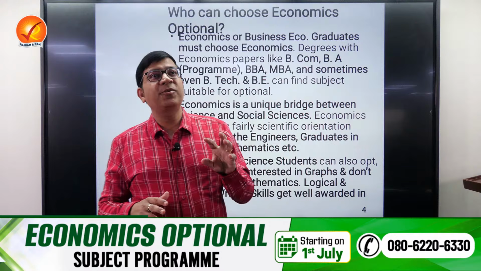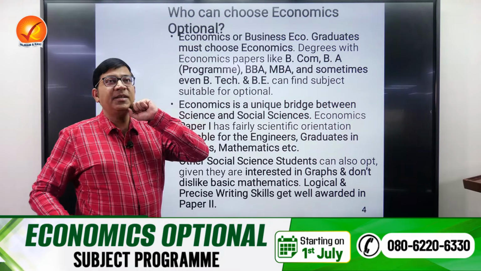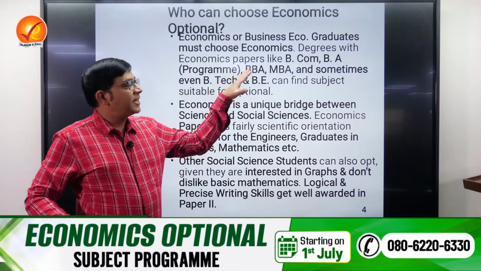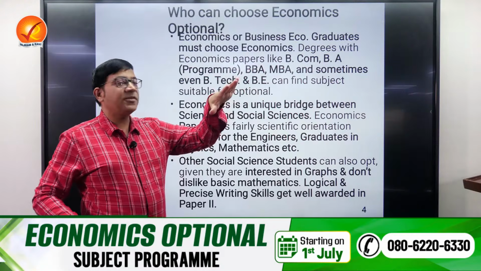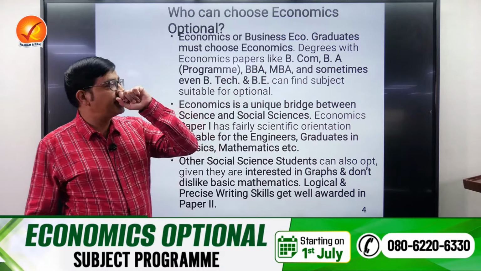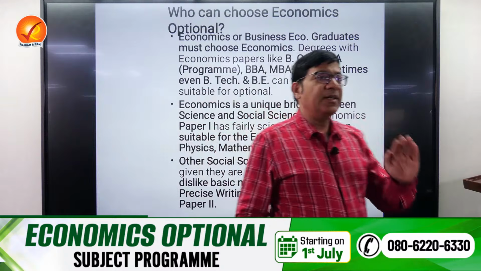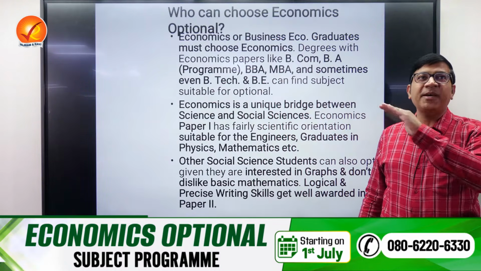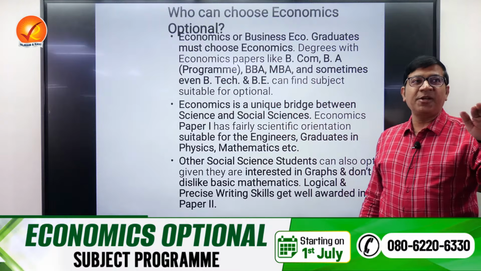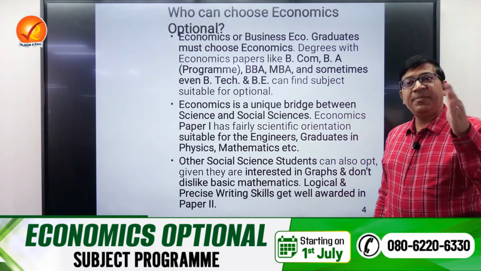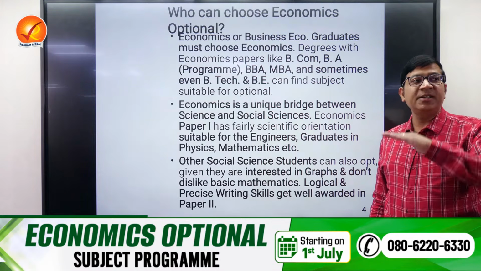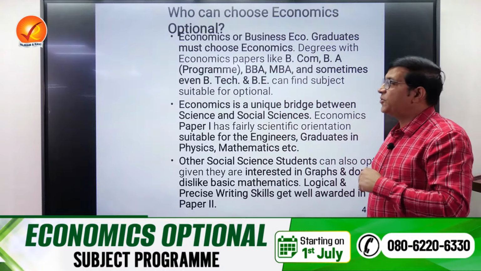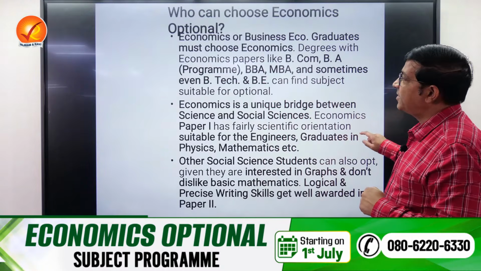One, those who formally have a background in that. Second, those who have done some papers on economics, typically commerce graduates, etc. And third layer can be more from a science background or other social science background who have not done economics maybe. Still, they may have a profound interest in the subject. So that is how you can take your decision related to that.